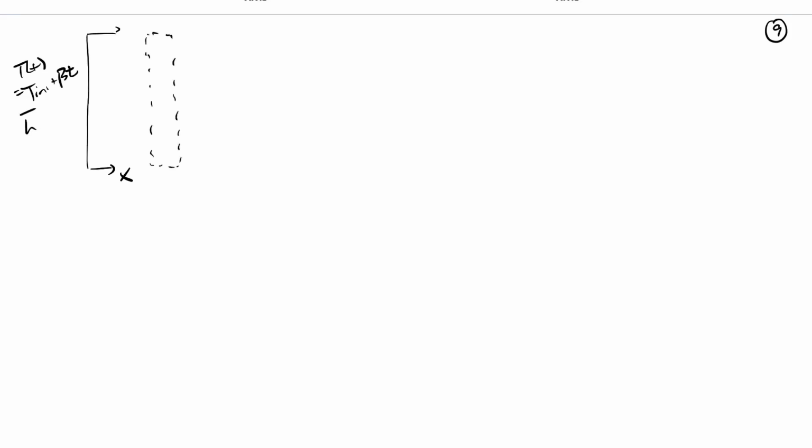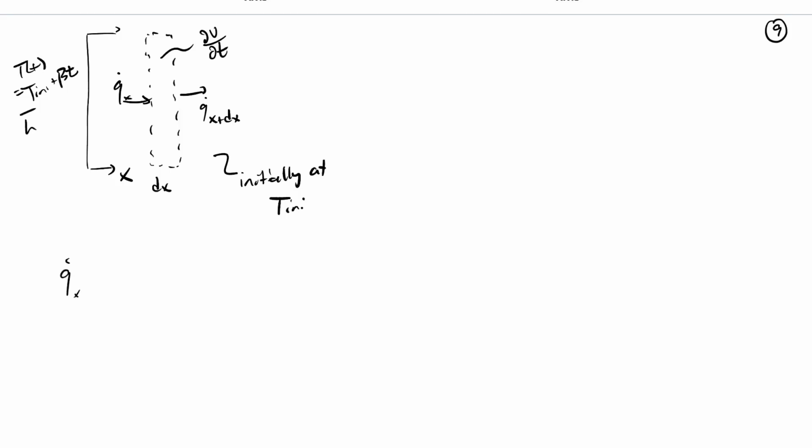Okay, so our control volume says we have Q dot X here, we have Q dot at X plus dx, and we have in here the partial U with respect to time. Okay, and then everything is initially at T initial. Okay, we can then do the energy balance, write that out.